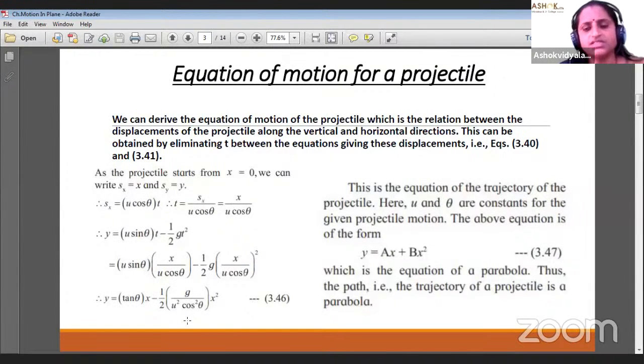This is the equation of the trajectory of the projectile, and it can be written in the form of the equation of a parabola, y equal to a x plus b x square, where a is tan theta and b is half g upon u square cos square theta.